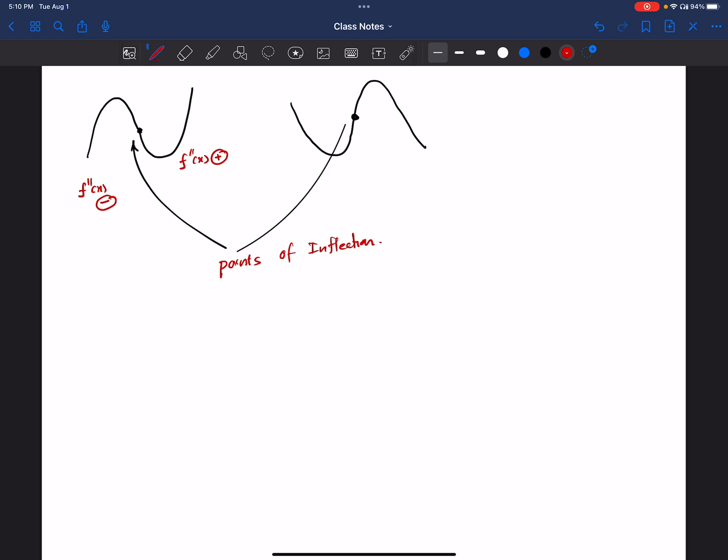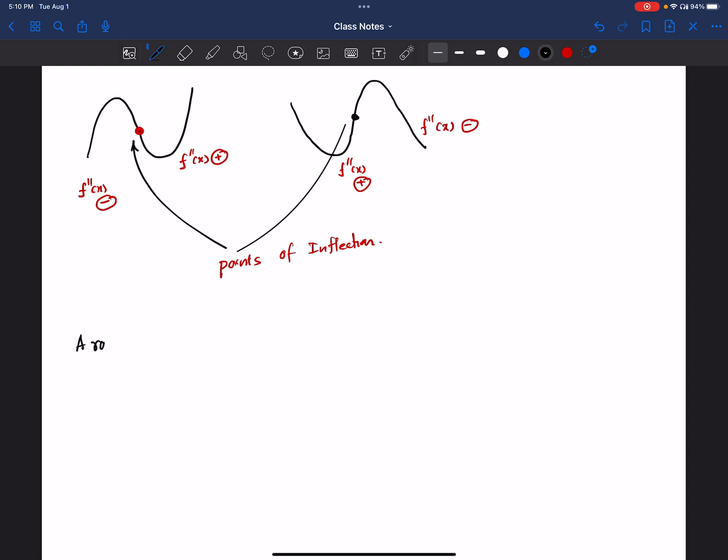And if it is concaving up and then concaving down, f double prime of x is positive here, and f double prime of x is negative here. So what we can see is that around the inflection point, the sign of f double prime of x changes.